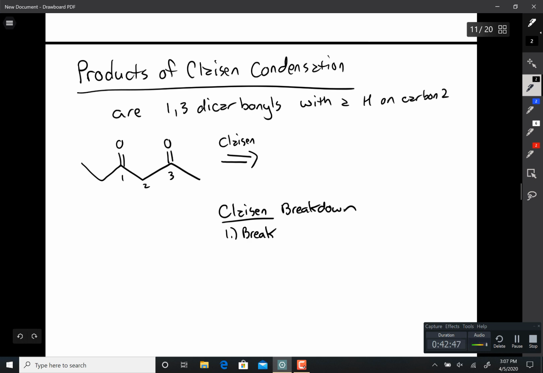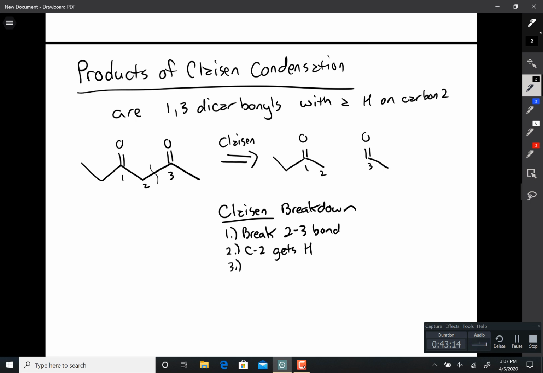Like the Aldol breakdown, you break the 2,3 bond. Carbon 2 gets a hydrogen. So far, the first 2 steps are just like the Aldol.